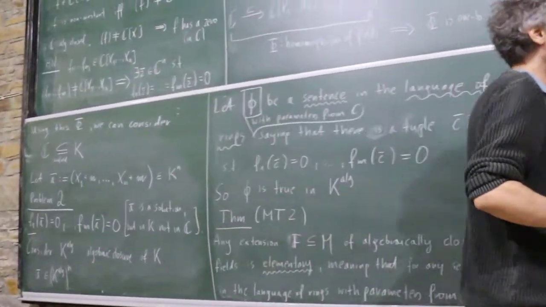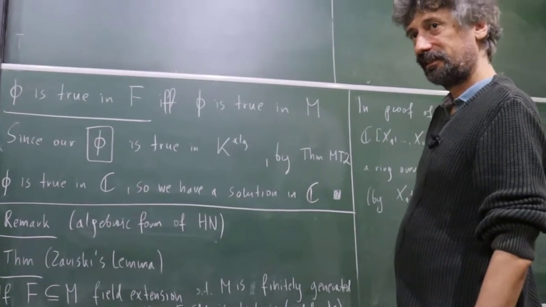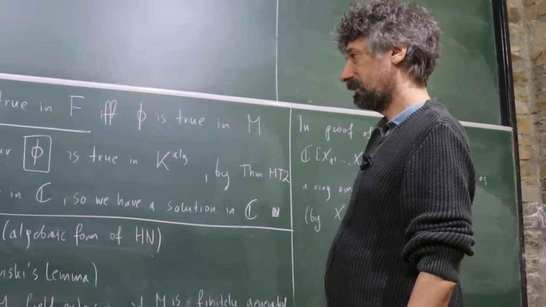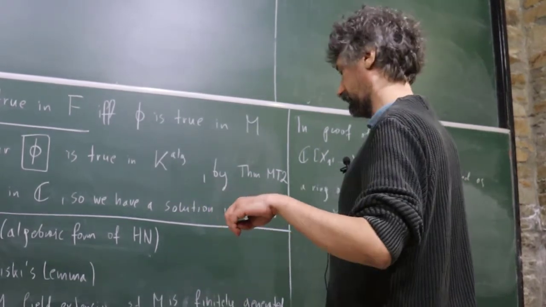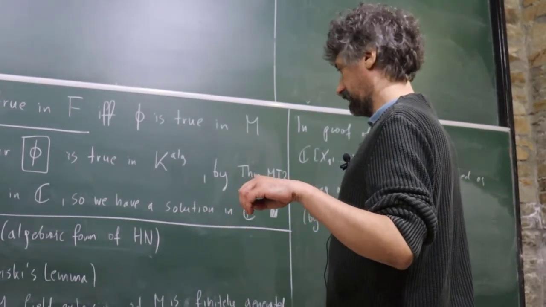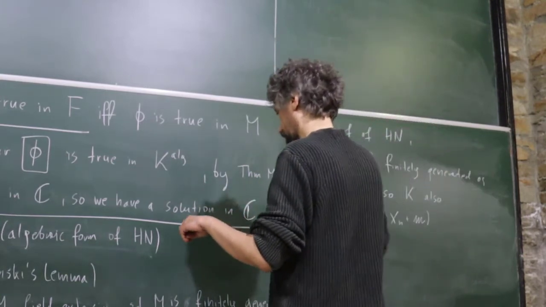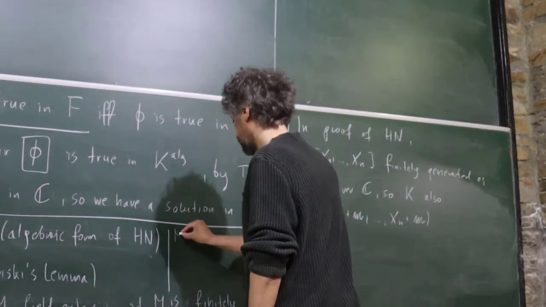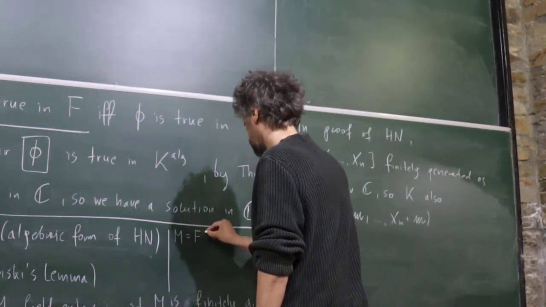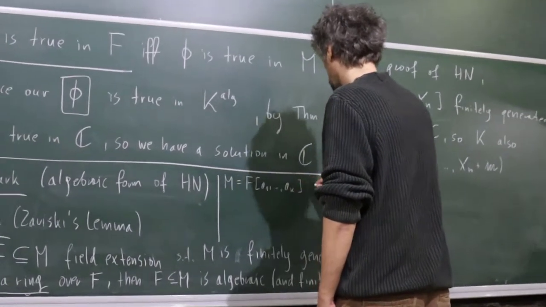I don't understand what it means, finitely generated as a ring over F. What does it mean? Okay, finitely generated as a ring. That is the smallest. Okay, then. So the notation is this.